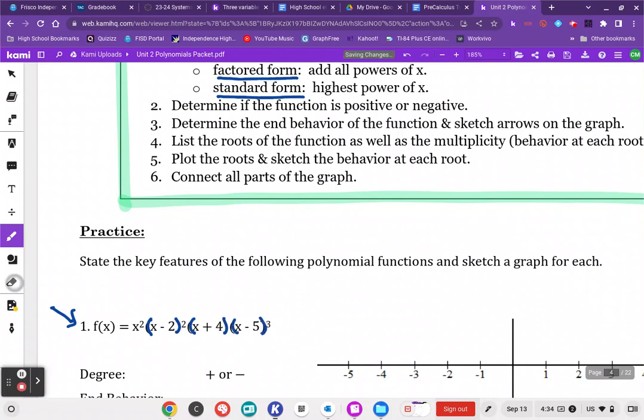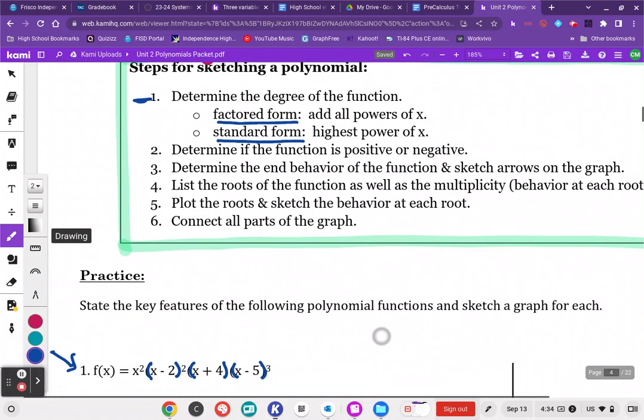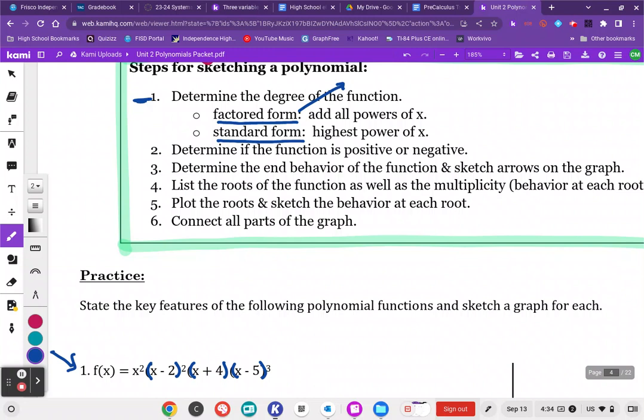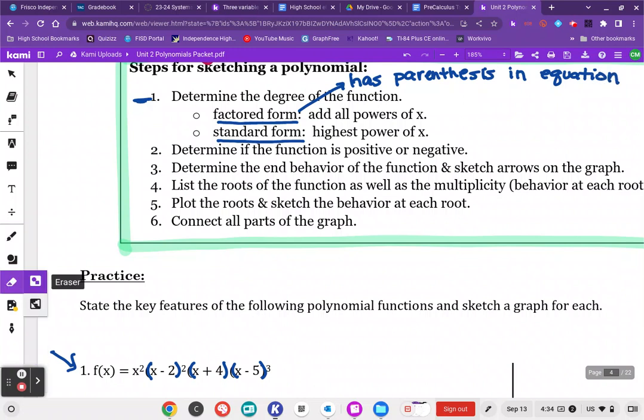If it has parentheses in it, then it's written in factored form. If there are no parentheses, it's in standard form. Okay, so factored form has parentheses. So this one is in factored form.